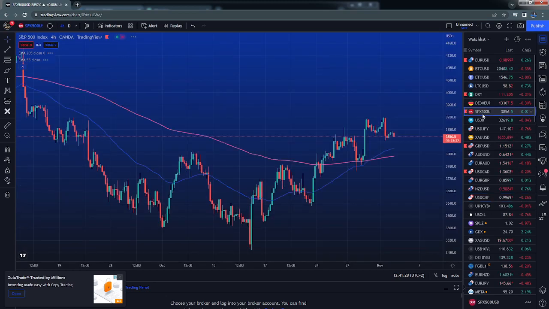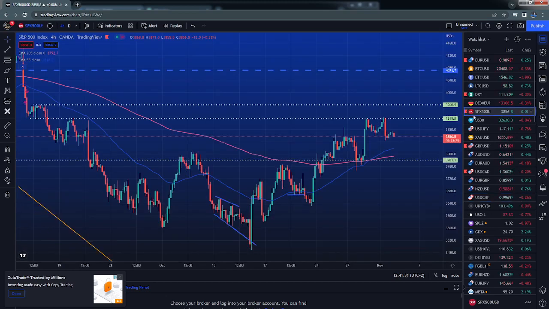Stocks, S&P. Look at this bullish structure here. In case we see any dip, it should be bought. Plenty of support below 3800 with very big level 3750. I would like to buy any dip here.